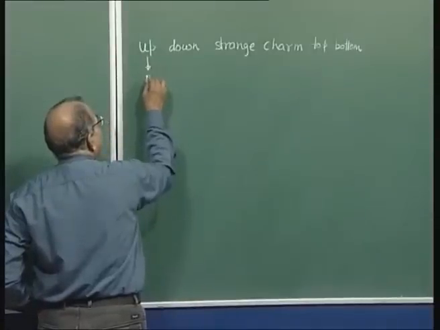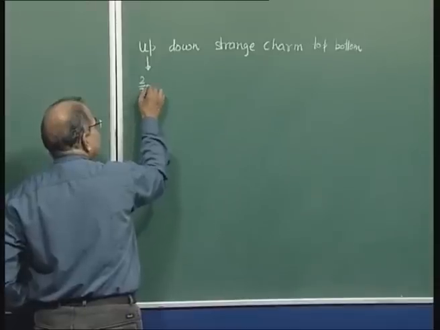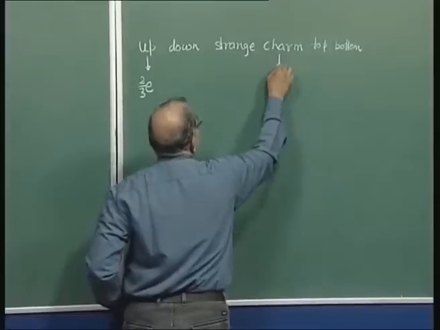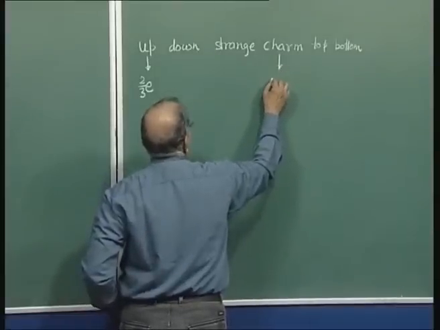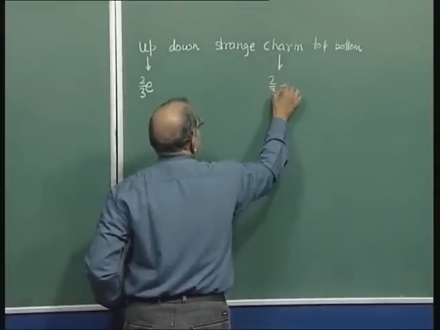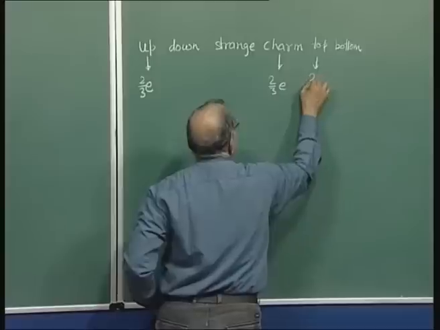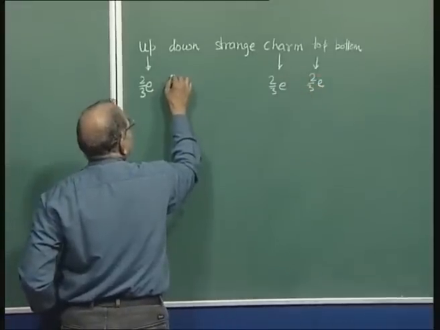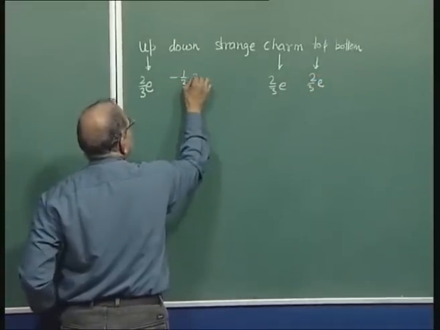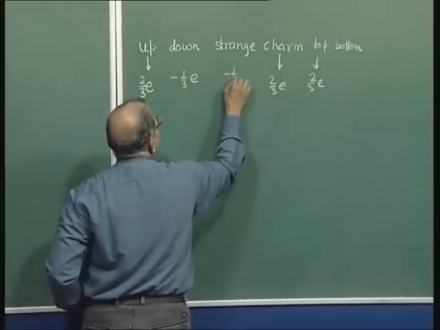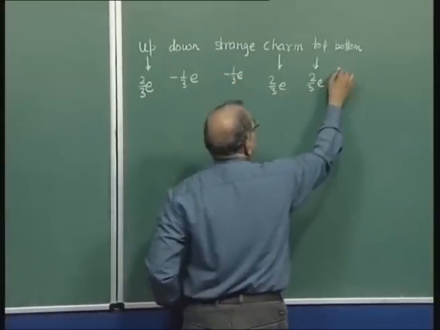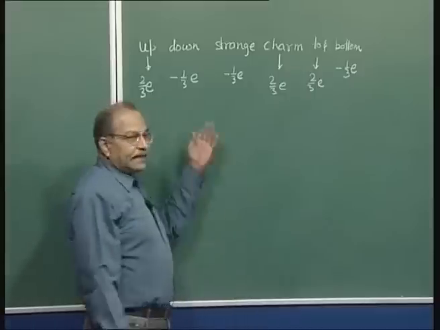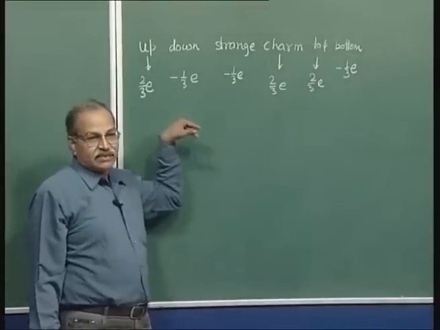The up quark has 2 by 3 e electronic charge, charm is also 2 by 3 e, and top is also 2 by 3 e, and the other 3 are minus 1 by 3 e each. These are the fractional charges. Anti-quarks will have opposite charges.